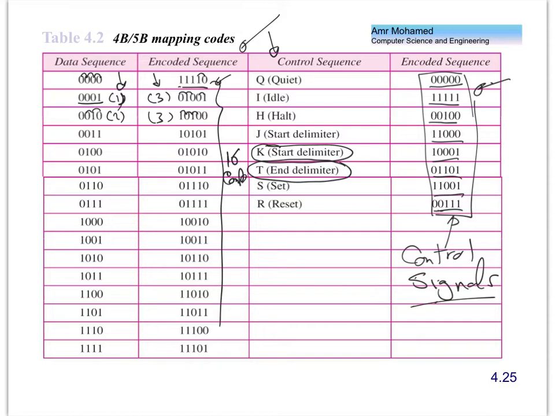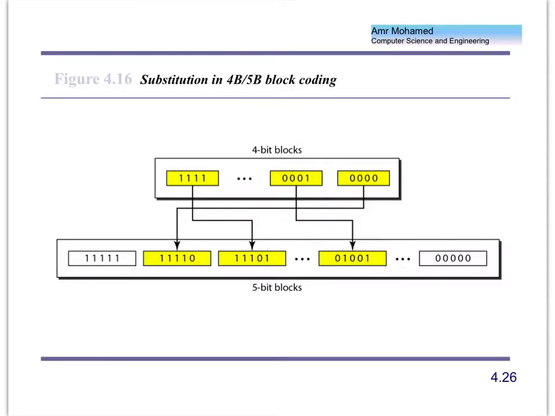Is that clear, guys? So this is simply the block coding technique. The good thing about block coding here is that it's agnostic to whatever line coding technique we use. So we introduced the block coding, and then we can use non-return to zero. We can use any other line coding technique that we have studied, and they are orthogonal to each other.